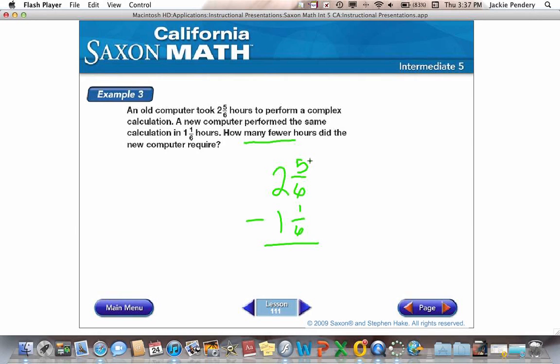I subtract my numerators. 5 minus 1 is 4. My denominator stays the same. And now I can subtract my whole numbers. 2 minus 1 is 1. However, we have to reduce, so 1 2/3 hours.